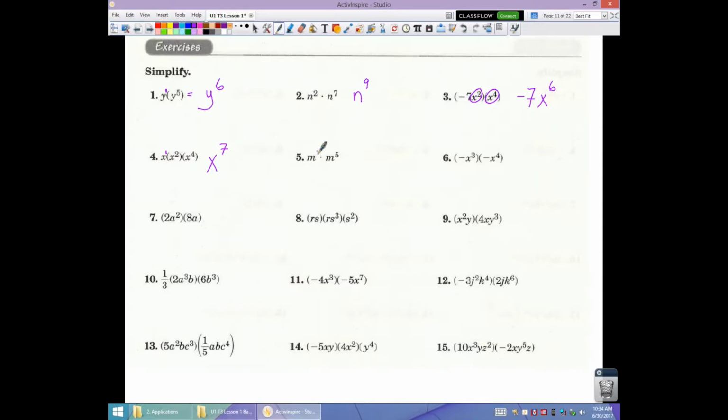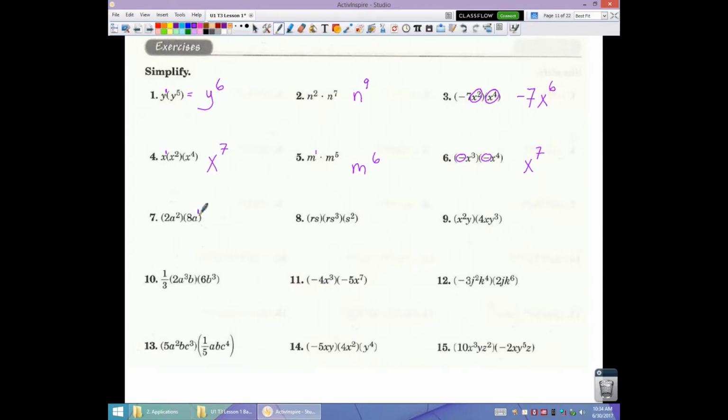Number 5, m to the 1st times m to the 5th become m to the 6th. Number 6, since I'm multiplying 2 negative powers, a negative times a negative would turn into a positive answer, and then I simply add the exponents. This is x to the 7th. Number 7, now we have coefficients in front of both powers.